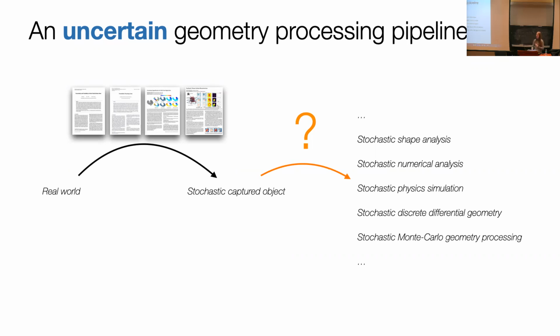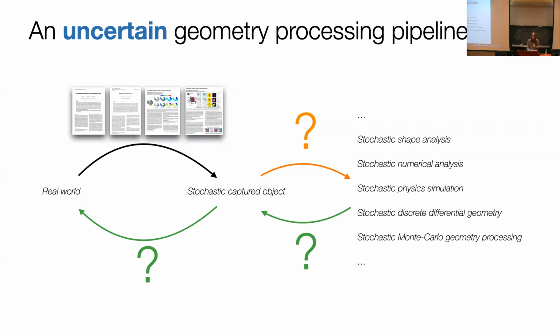Let's not just stop at the uncertain captured shape. Let's carry that all over the pipeline. And this won't just be useful in its own right. It will be useful because it will let us inform the capturing process. So if I'm sampling something, and all I care about is some differential probability of something, then maybe I can quantify the uncertainty of that differential probability, and that'll tell me where to scan next.